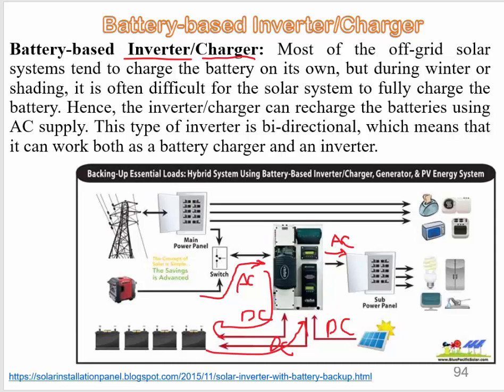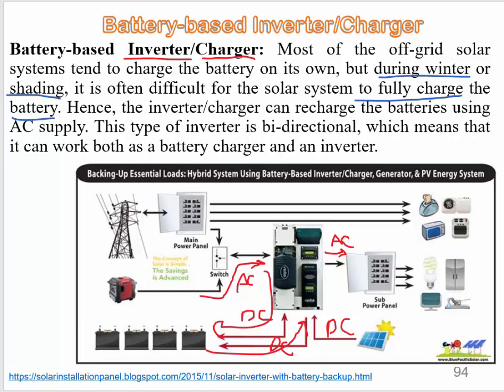This type of inverter is practical, especially during the winter or during shading problems. It is often difficult for the solar system to fully charge the battery. Of course, during the winter or when we have shading, it is difficult for the system to fully charge the batteries.